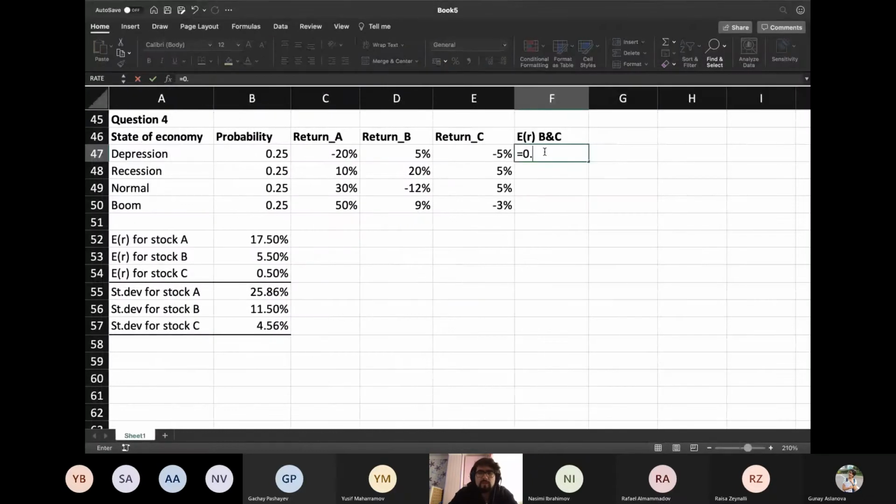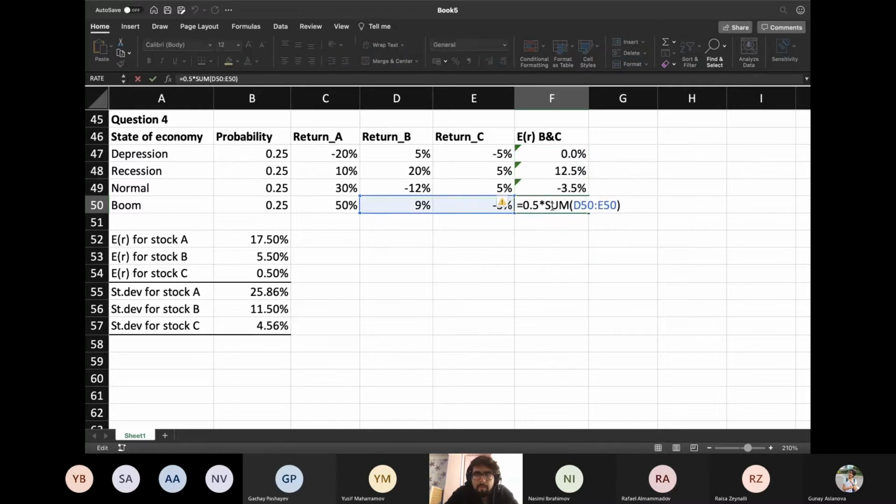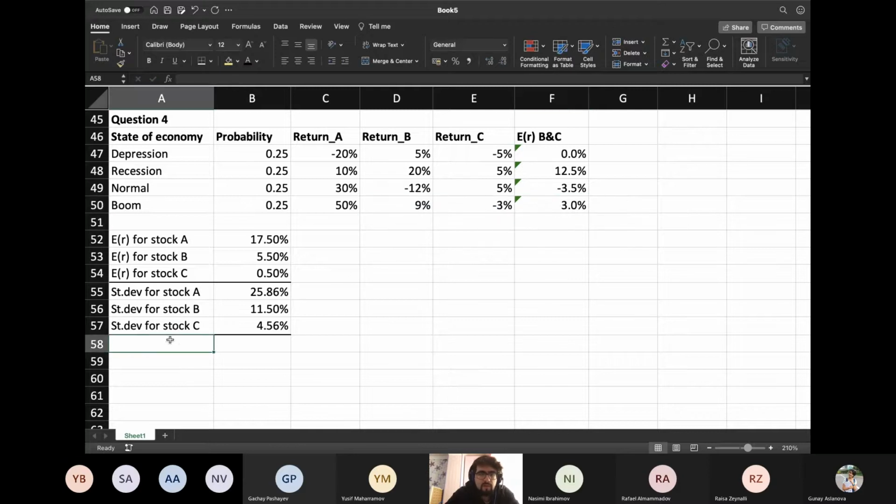So if you are investing equally, 0.5 times the summation of them, right?